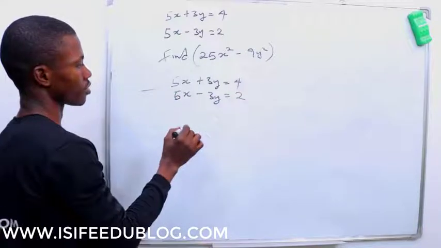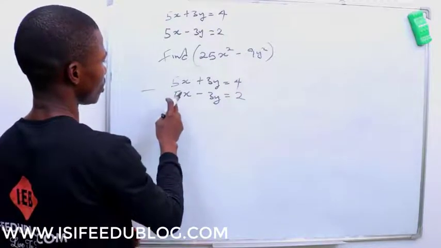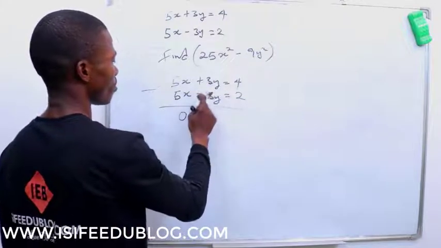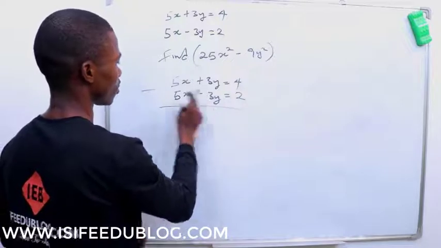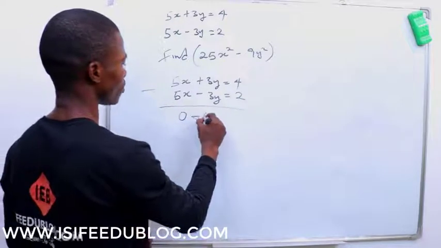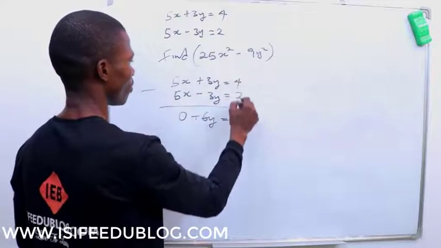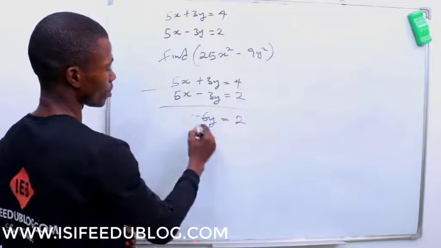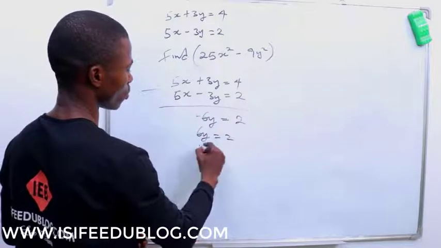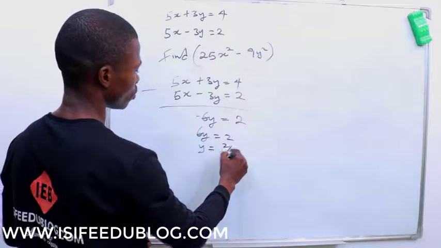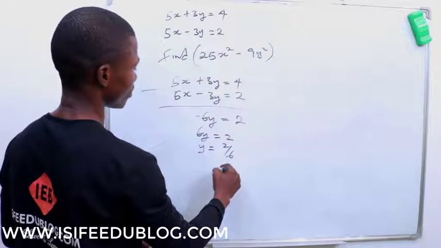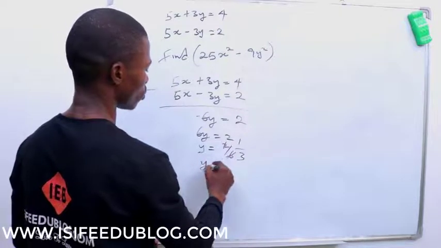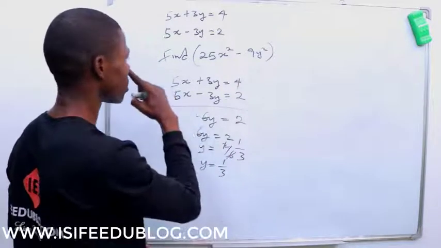So we can just subtract. 5 minus 5 will give us 0. 3y minus minus 3y will give us plus 6y, equal to 4 minus 2, which is 2. So 6y is equal to 2, and y is equal to 2 over 6, which is 1 over 3.